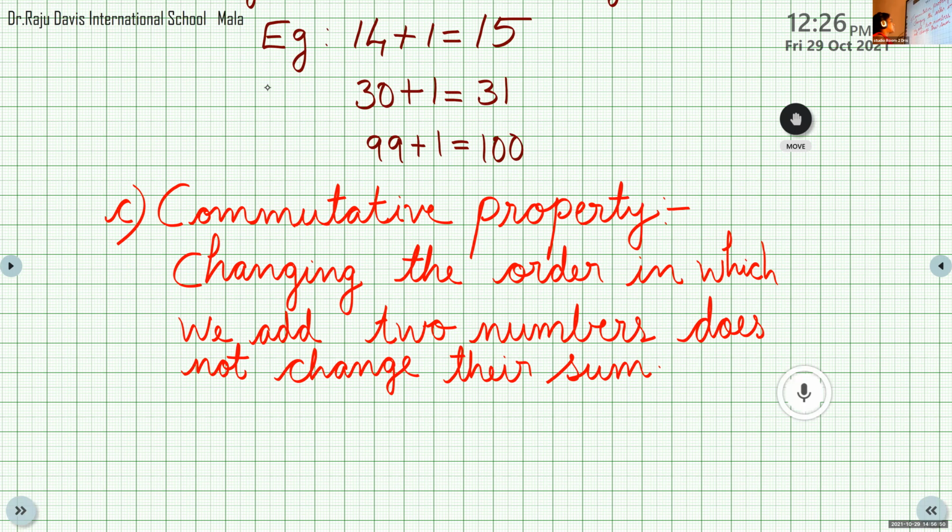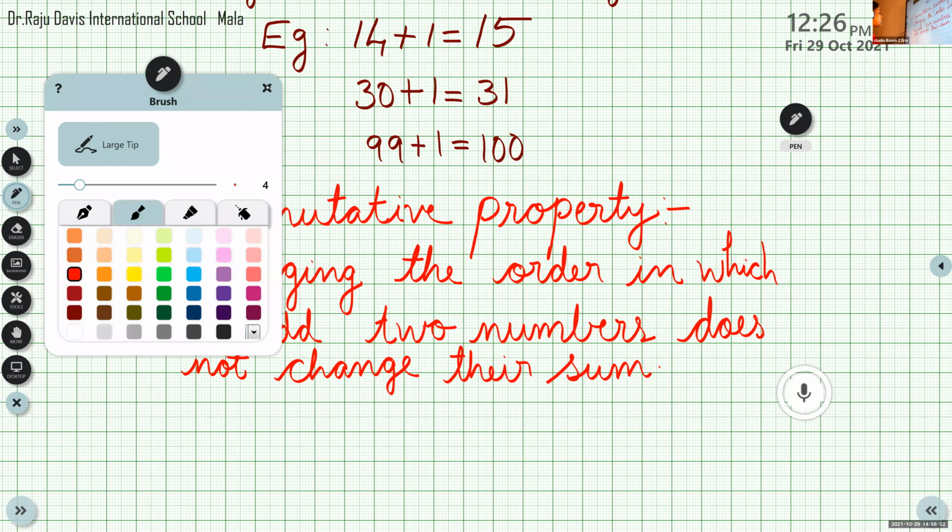Commutative property is changing the order in which we add two numbers does not change their sum.